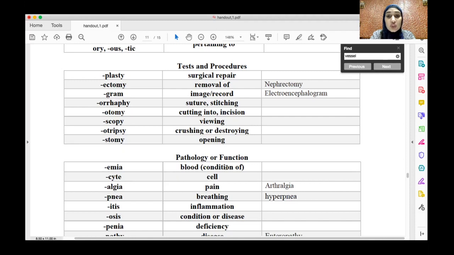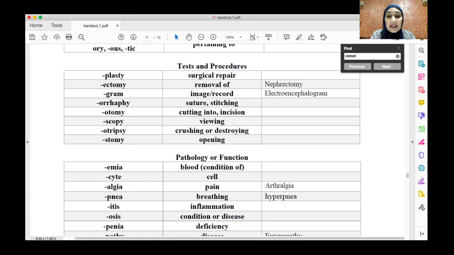Gram means image or record, like the word we have taken before, electroencephalogram. We have rrhaphy, which means suture or stitching. Suture means surgery.